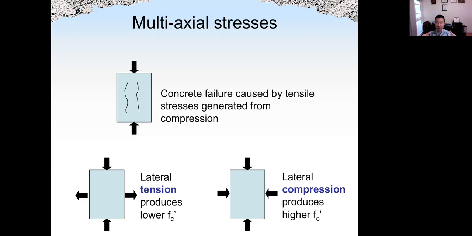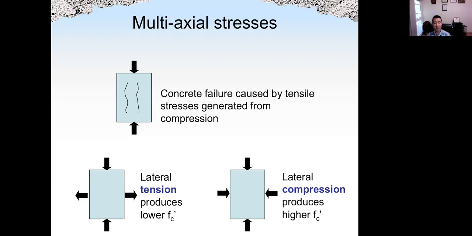How much expansion depends on the Poisson's ratio. Okay, for concrete, the Poisson's ratio is around 0.2, 0.18. Because concrete is very weak under tension, as a result, the concrete will fail because of this tensile stress in the horizontal direction.